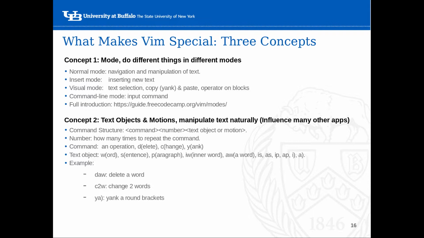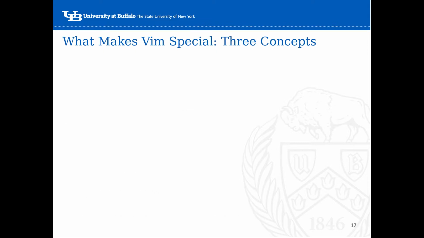It will be very natural, even if you don't know a command to remove a whole line, you just compose it yourself. You delete a sentence, right? So that's it. Now the full introduction of all the concepts in text objects and motions can be found here. If you want to use this, you can go there.